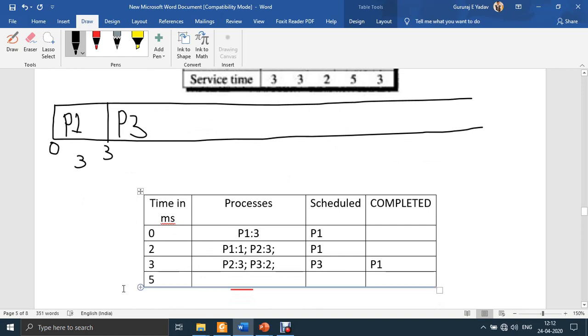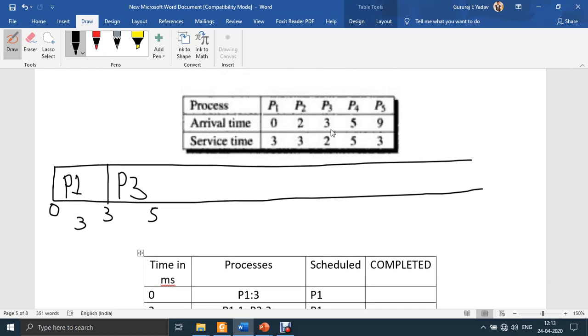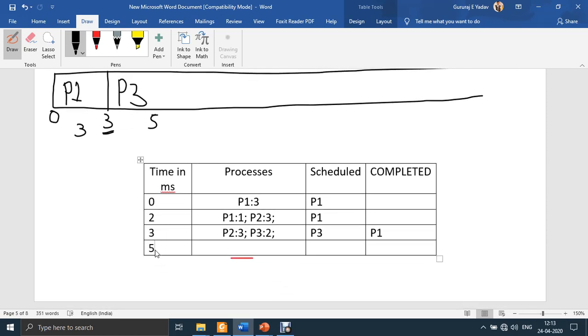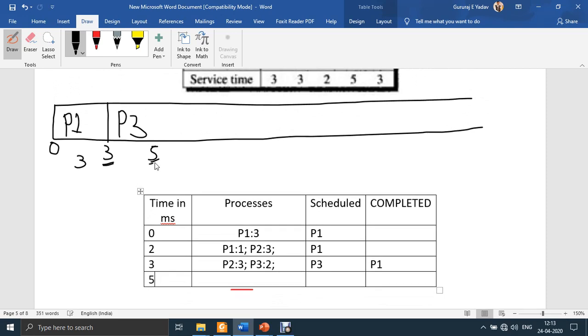So at 5 milliseconds, what will happen actually? How much time does P3 require to complete? It requires 2 milliseconds of CPU time. Since you scheduled it at 3, and the next time interval you are considering is 5, P3 actually completes at time interval 5.